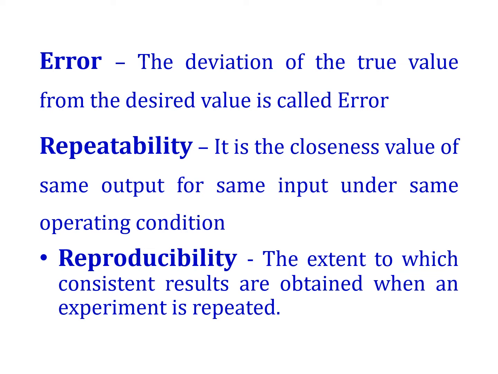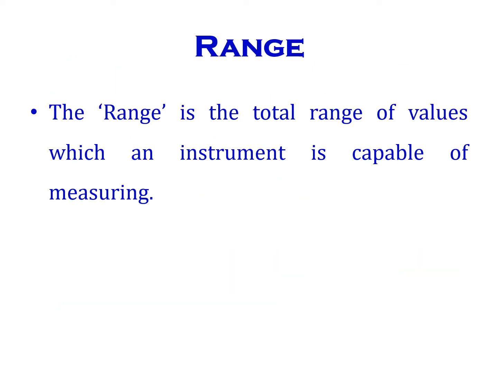Reproducibility: when an experiment is conducted, if we could reproduce the same dimension with the same accuracy and precision, then we say it is reproducibility, the extent to which consistent results are obtained when an experiment is repeated, which is very important for analysis.